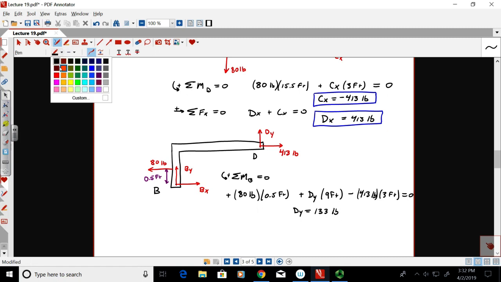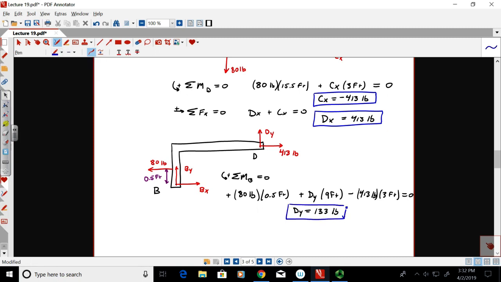Good, so we got another one. We need basically 6 pieces of information, and we already got 3: cx, dx, and dy. By the way, now that we've got dy, I can go back and get cy. You have to go back to your original equation sometimes.